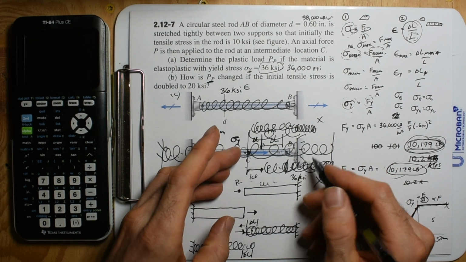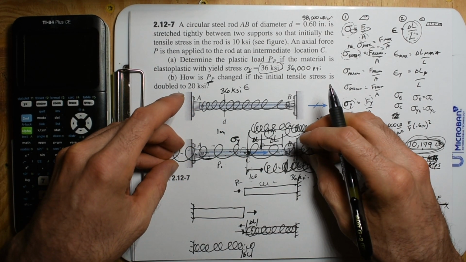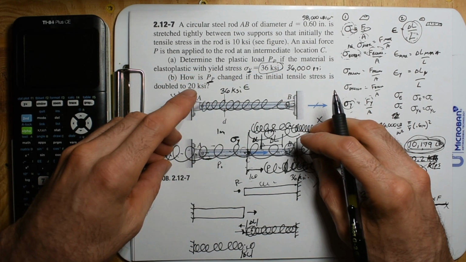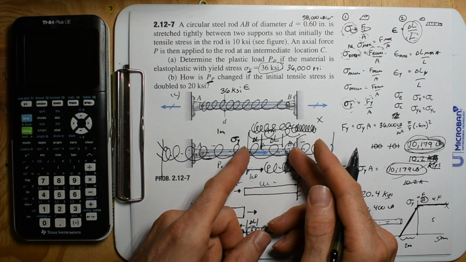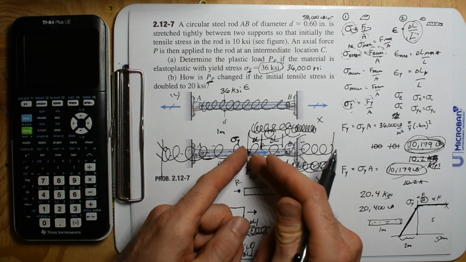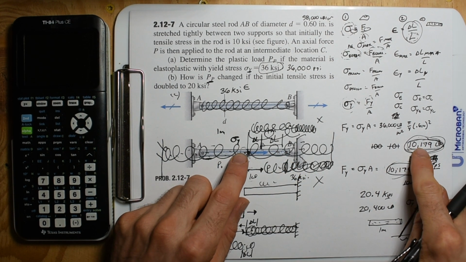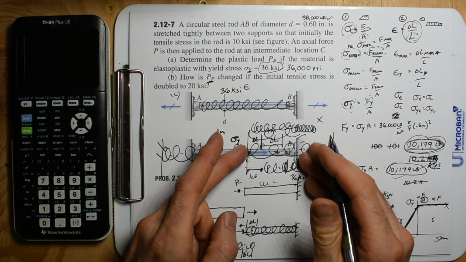And in compression, see, if you stretch this thing to 36 KSI in tension, 36,000 PSI, while you're putting that 1 pound on this side, this side is still in heavy tension. So you have to put 10,200 pounds just for this side not to be in tension anymore.